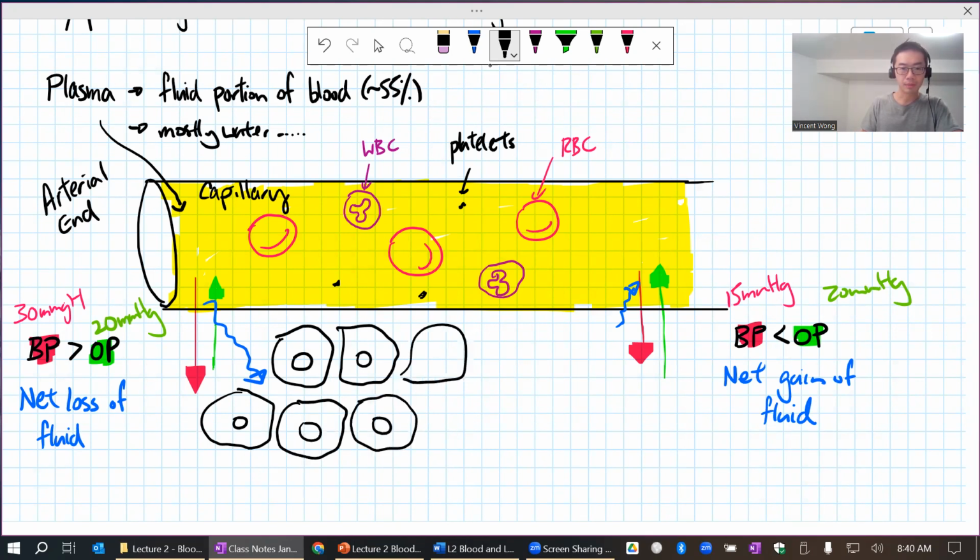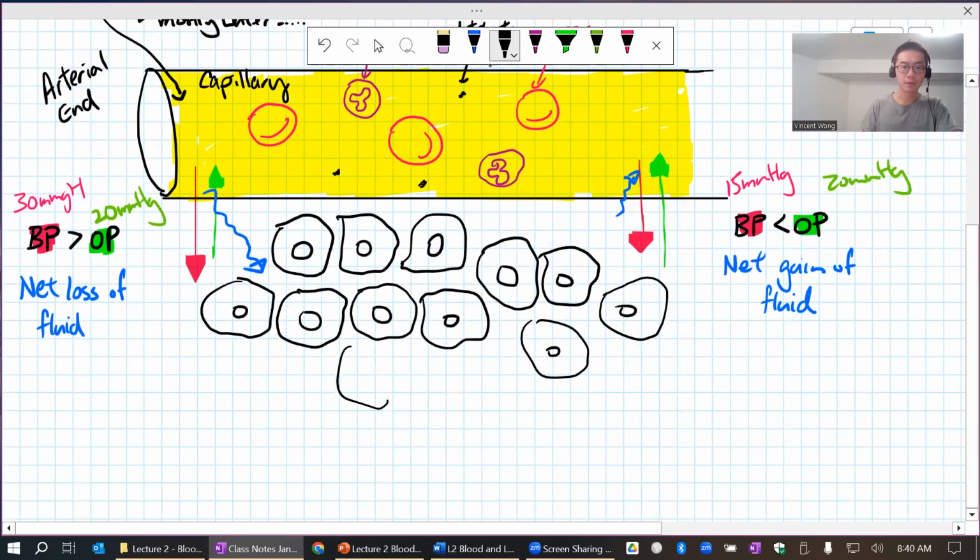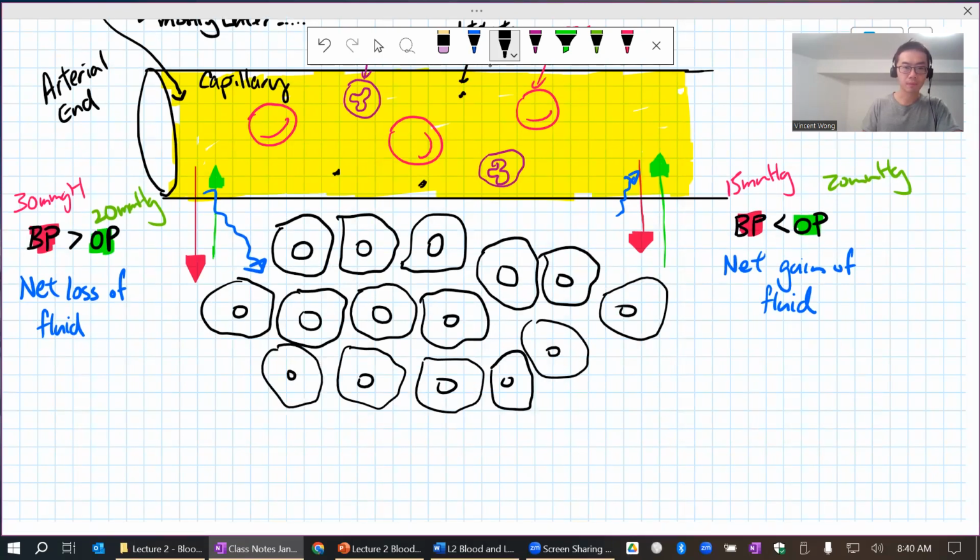Just draw some of them. Let's do another row. Right, so these are cells in the tissue.